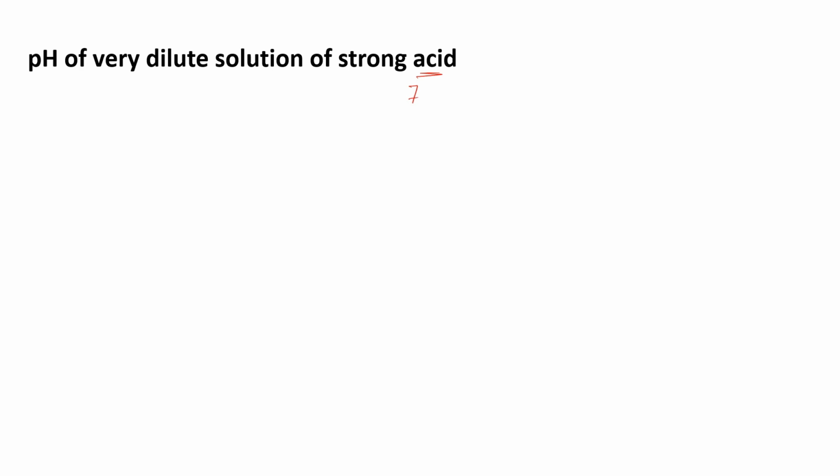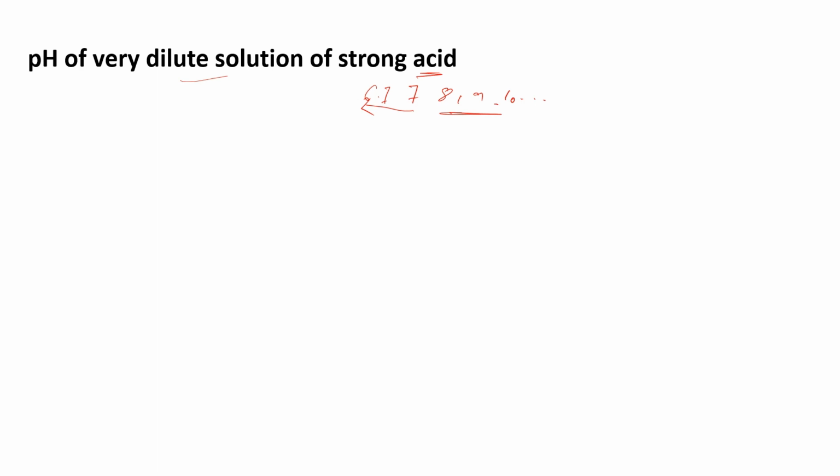It won't be more than 7, like 8, 9, 10, because that is the base side. So definitely the pH should be less than 7 only. But because it is diluted a lot, that means the pH will be slightly less than 7. Maybe 6, 6.7, 6.8, like this.